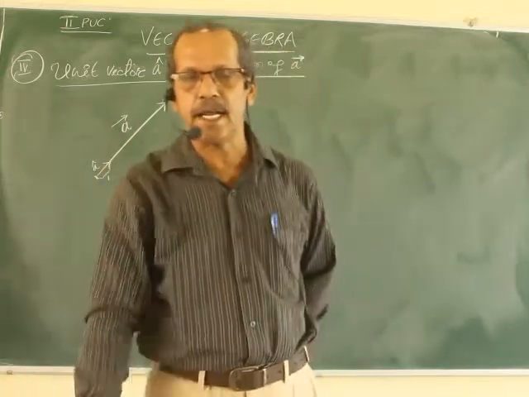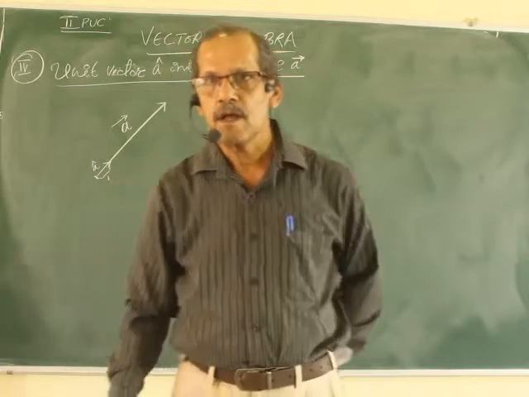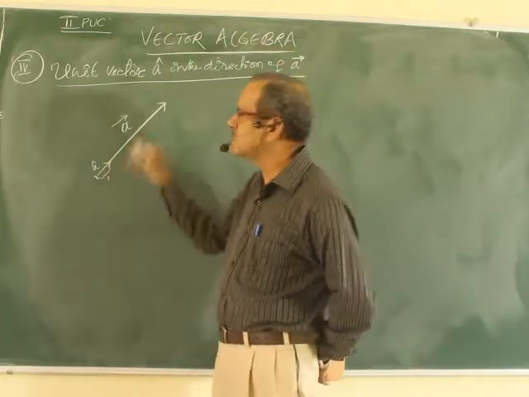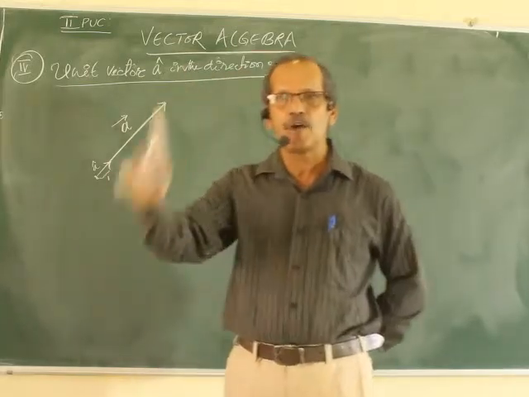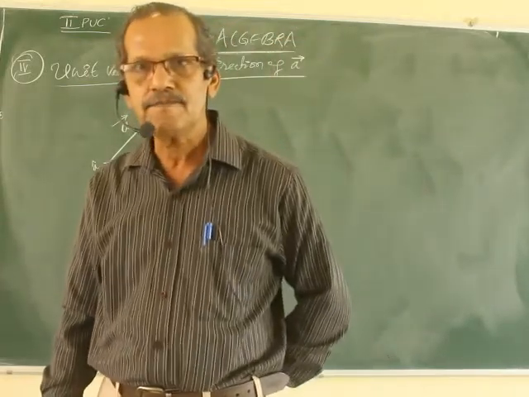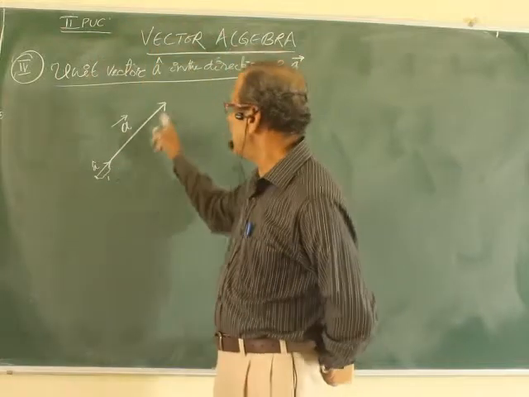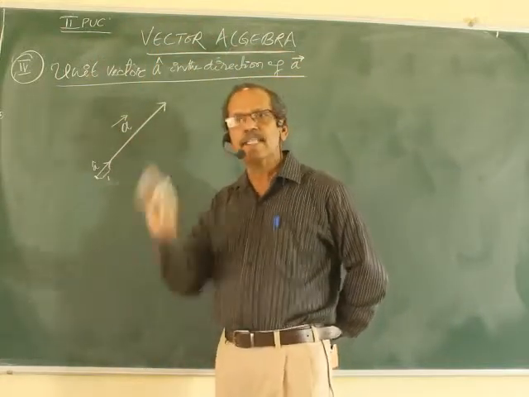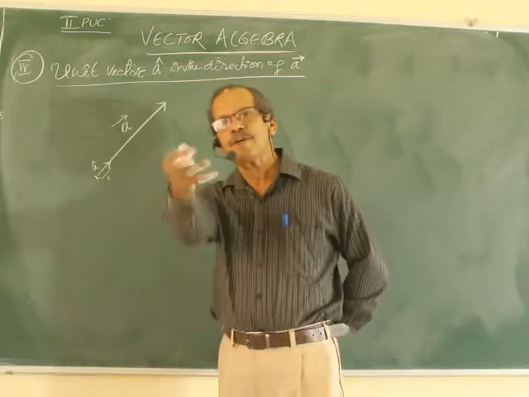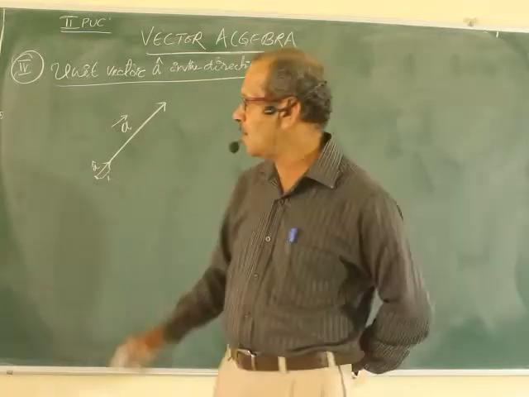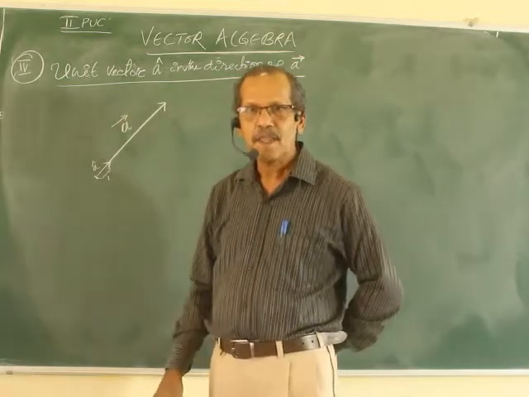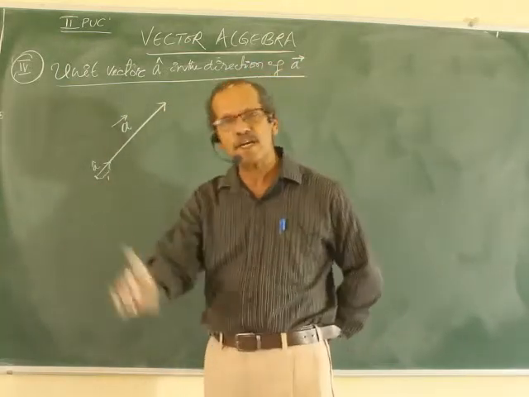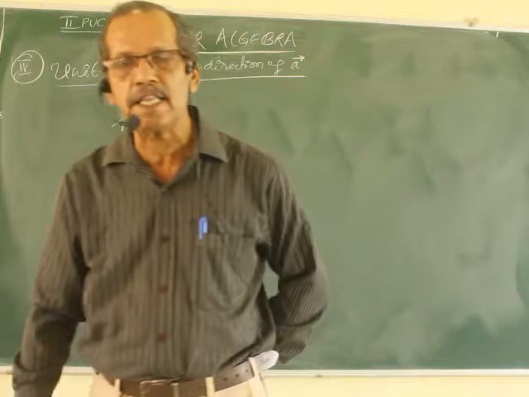How many A cap vectors should be added in order to get vector A? We don't know the length. If it is 19, we could have answered: 19 times you have to add the unit vector. If the length of this entire vector A is given as 19 or 25, you could have answered immediately. You have to add this A cap 25 times in order to get the vector A. But the length of the vector itself is not given.